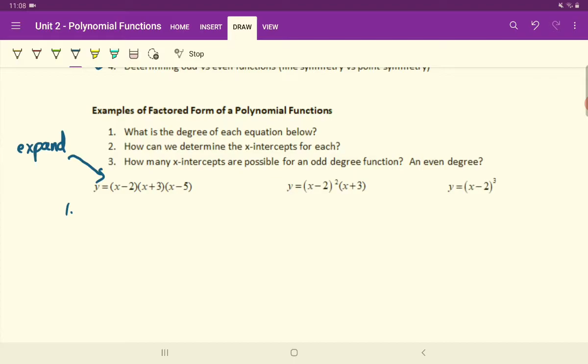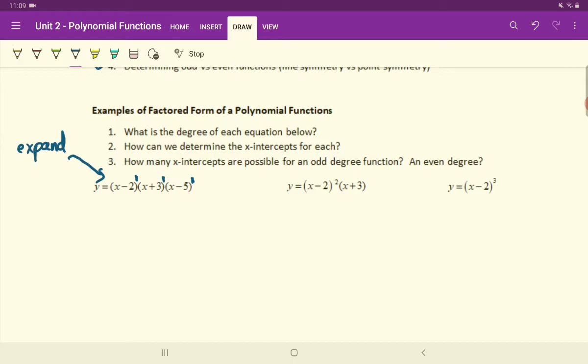Much faster way. And here's what you do. Actually, I'll erase this right here. What you do is you look at what each of the exponents are on these factors or these brackets. All right, what are your exponents? Well, in our case here, our exponents are 1 for each.